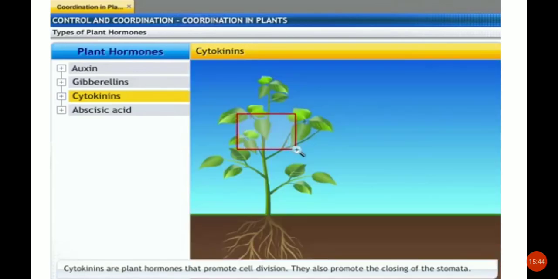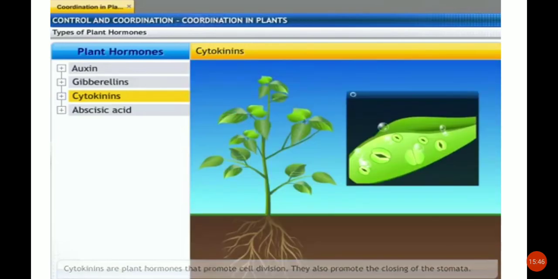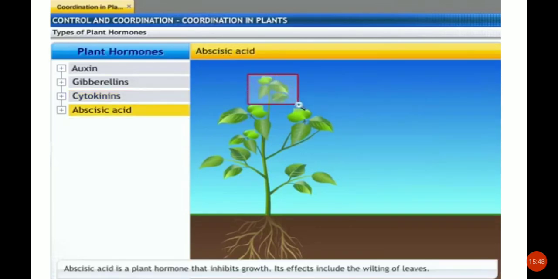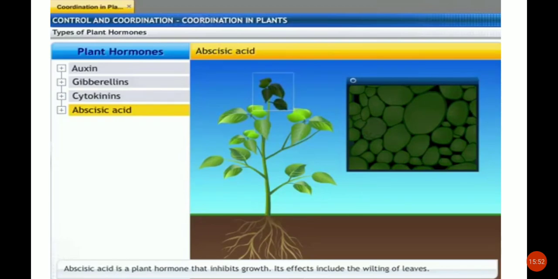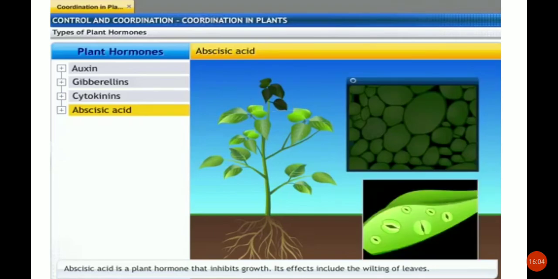They also promote the opening of the stomata. Plants also need signals to stop growing, and these are provided by the hormone abscisic acid, which inhibits growth. Its effects include the wilting of leaves, and it also promotes the closing of the stomata.